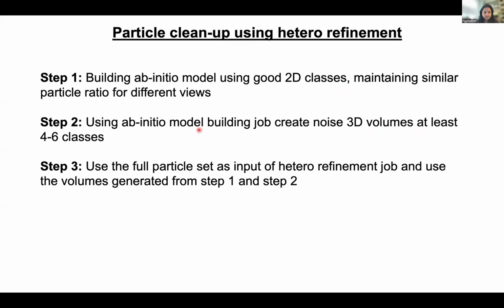What I mean by this, I will describe in the next slide. Now coming to step 3, here I use the volumes from step 1 and 2 as my input volumes, and put all the particles, the total set of particles that I want to clean up, in the hetero refinement job.